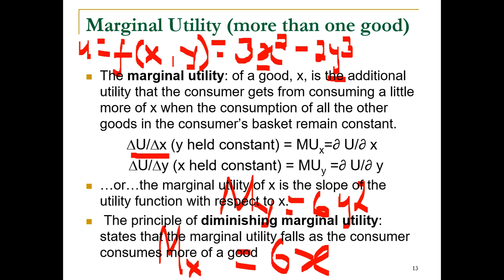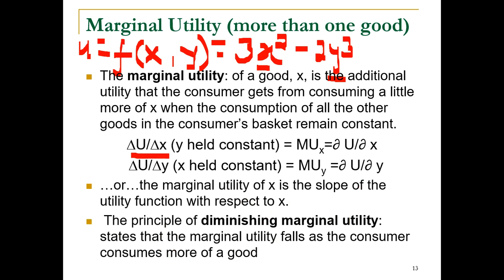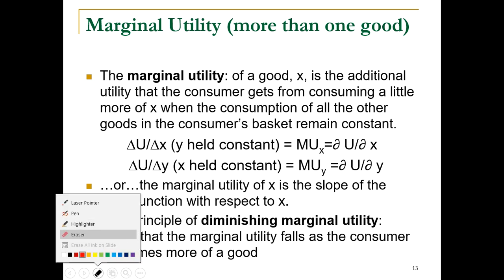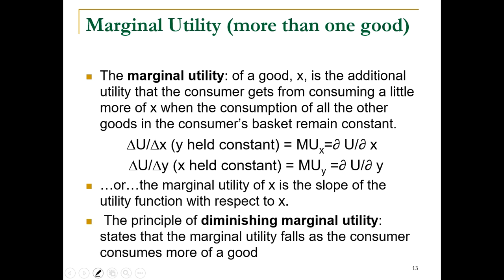Okay, so there is one thing that is very important and worth discussing, and that is the concept of diminishing marginal utility. With the concept of diminishing marginal utility, we're just saying that the increase in utility as we increase consumption keeps on decreasing.